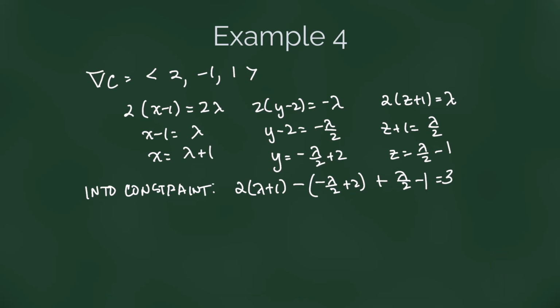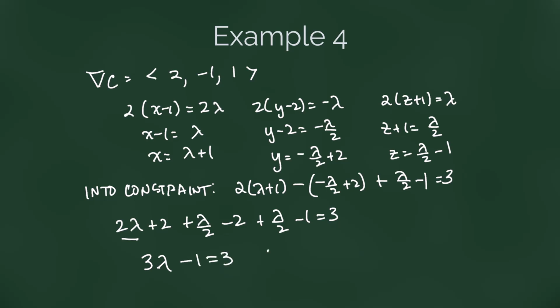All right, so now we get 2 lambda plus 2 plus lambda over 2 minus 2 plus lambda over 2 minus 1 equals 3. So let's see, I have 3 lambdas because I have 2 lambdas here, and then I have a couple half lambdas, plus or minus 1 equals 3. So 3 lambda is equal to 4, and lambda equals 4/3.